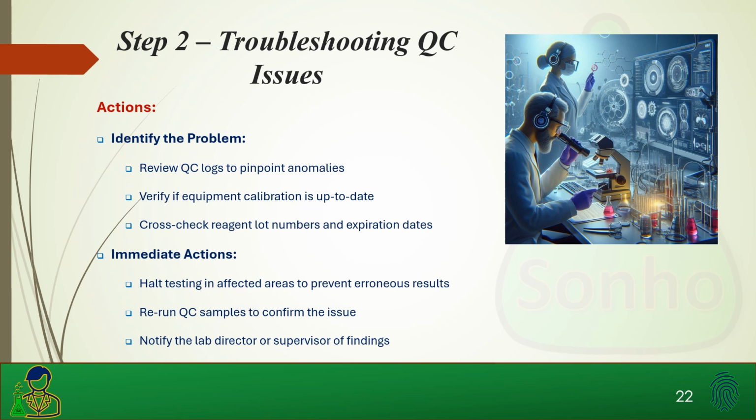So it's important to identify why QC failed in those instances, because all those samples are going to be rerun with a passing QC. So it's important to identify what failed with the QC so they can pass the second time, especially if you're going to rerun stuff.